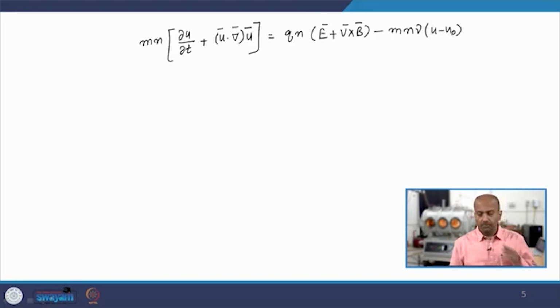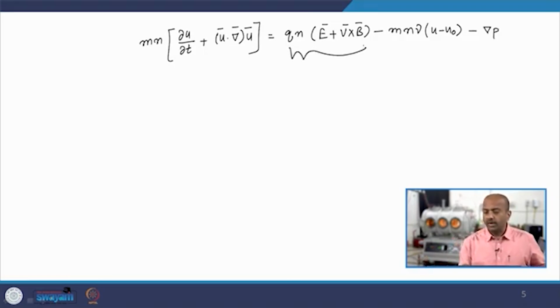Nu is coming from the inverse of the tau, minus del p, right. So, this is the equation which is valid for the fluids.